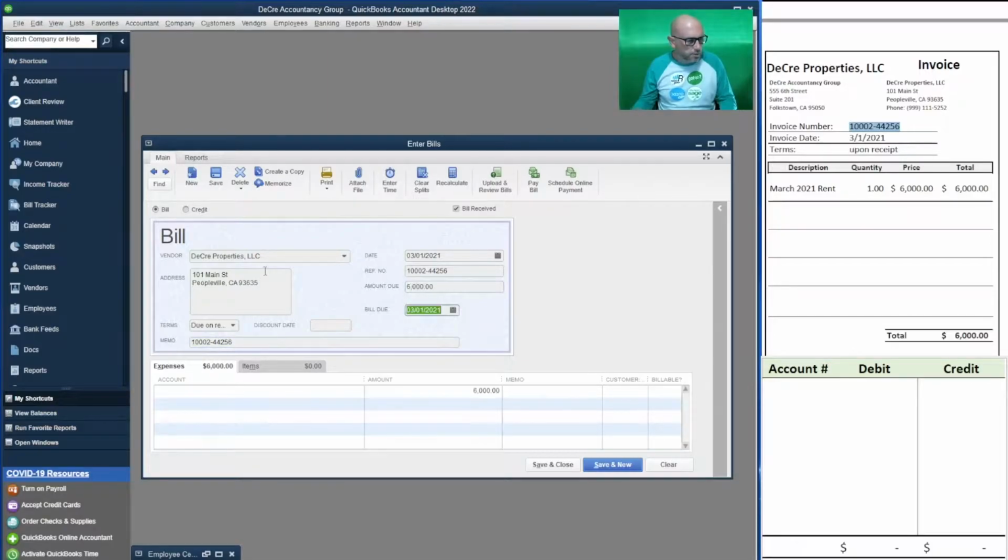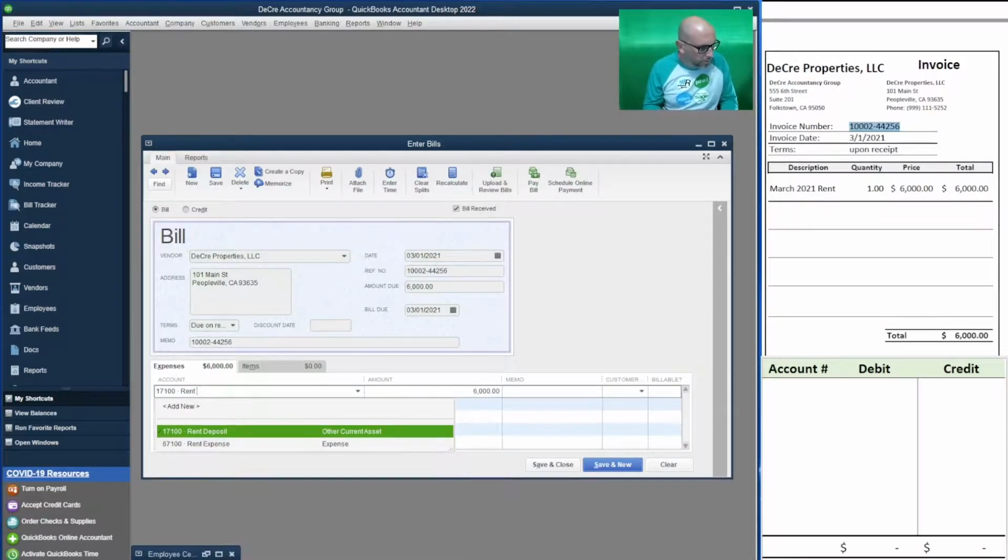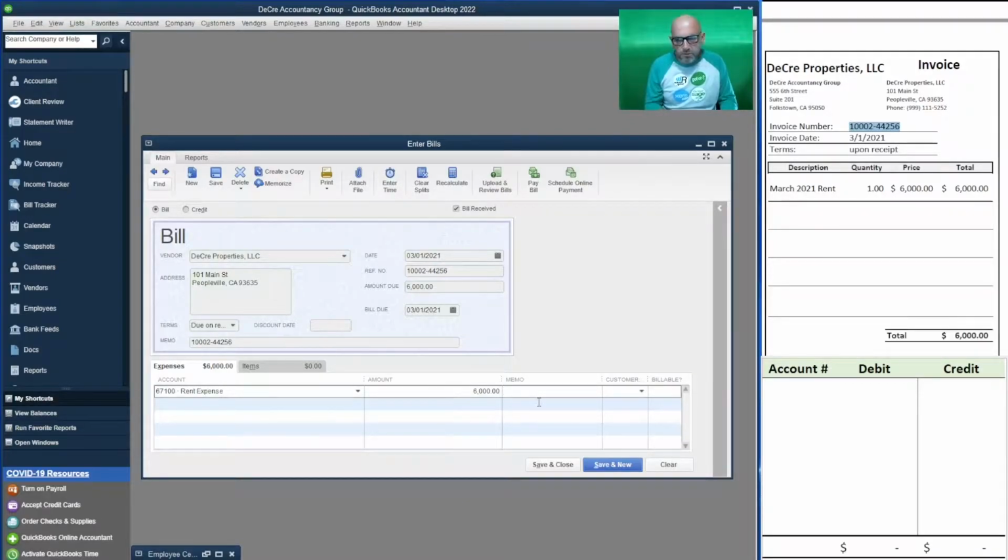The amount is 6,000. That's our rent expense, not deposit. We did the deposit before, and that's going to be our March rent.